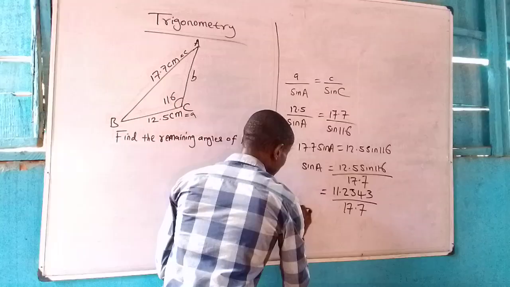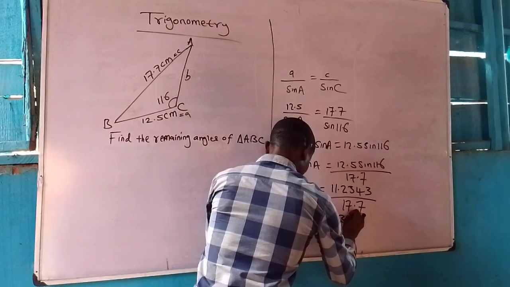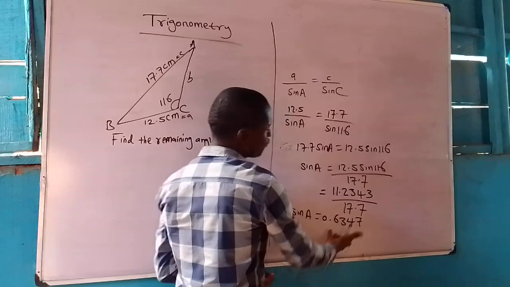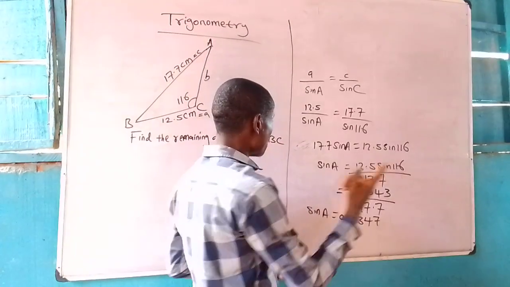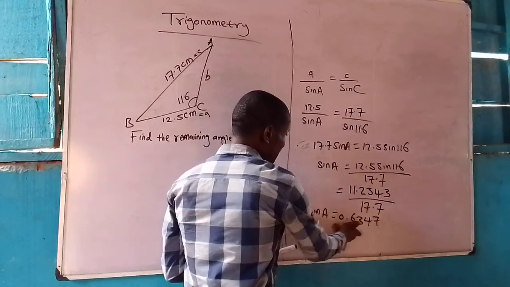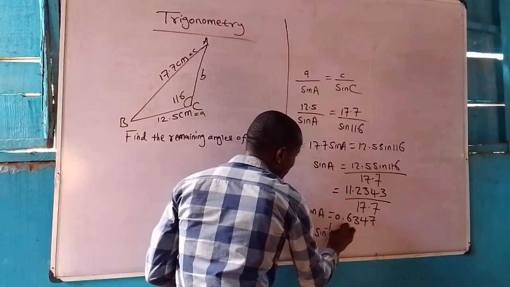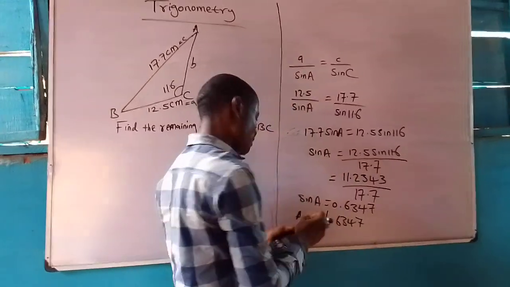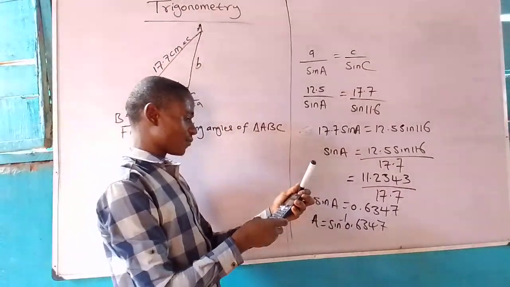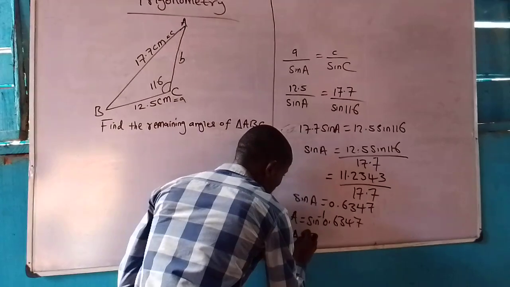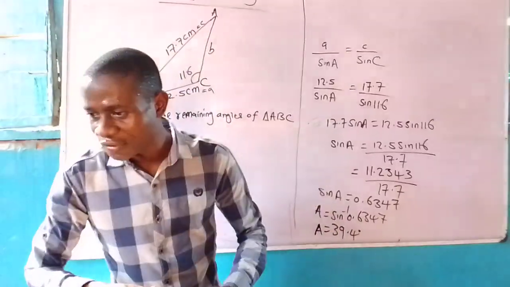That will give us sine A equals 0.6347 in 4 decimal places. Now, what do we do next? We just find the sine inverse of this. The sine inverse of this will be A equals sine inverse of 0.6347. Use your calculator again. Just press shift sine. It will give us that A equals 39.4 degrees.